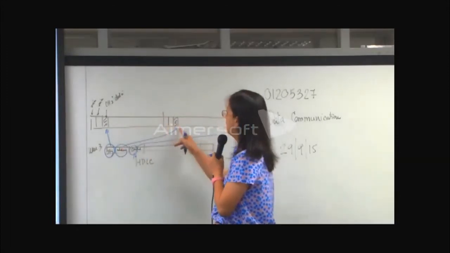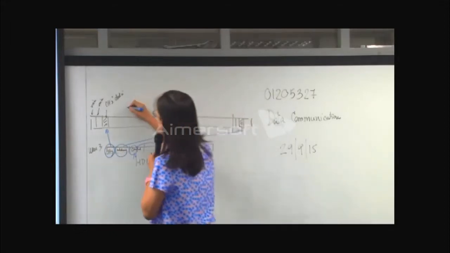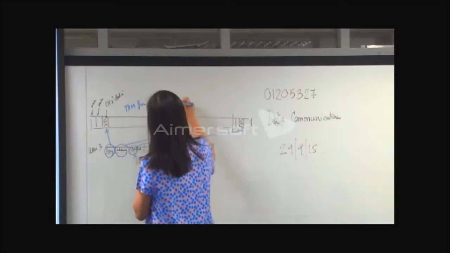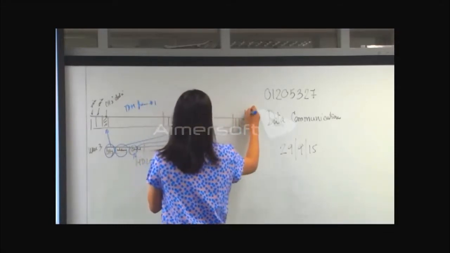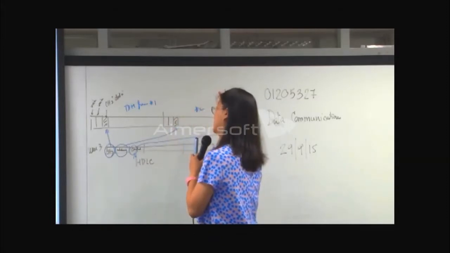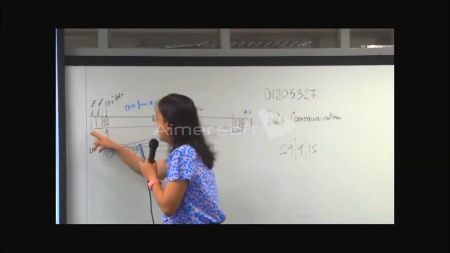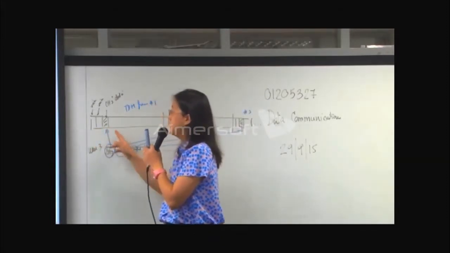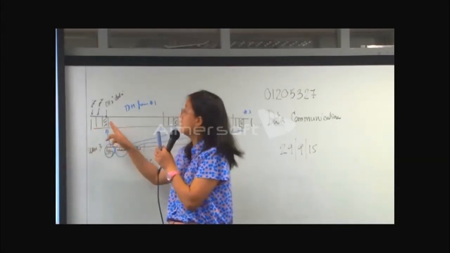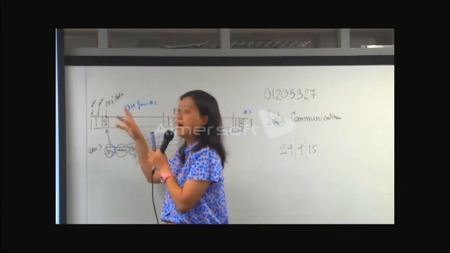So in terms of the TDM frame, this is a TDM frame: number 1, number 2, number 3. In terms of TDM, it doesn't care where the data in the frame comes from. The data in the frame may come from voice, may come from image, may come from a file.